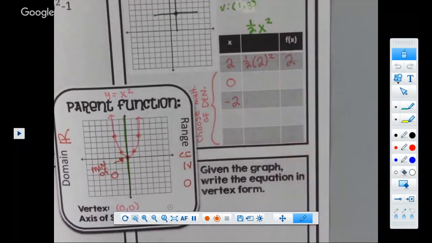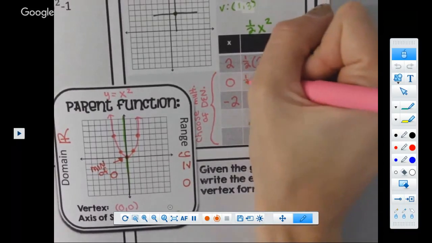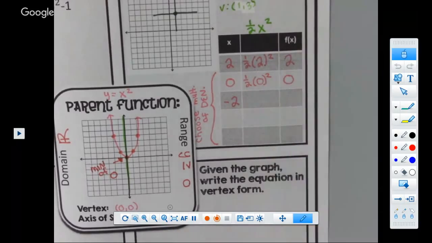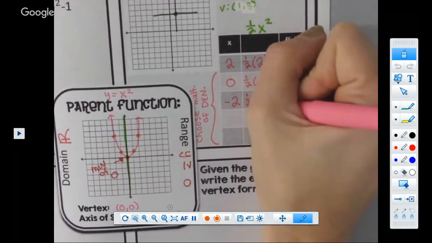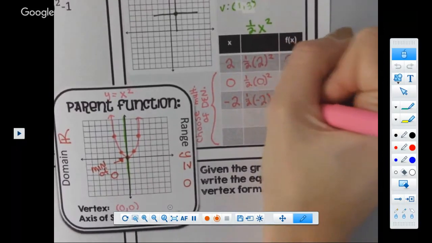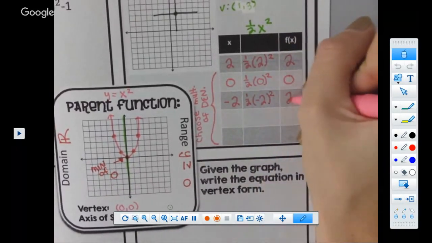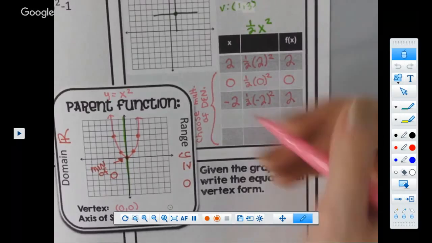So I get a 2. And then I'm going to plug in 0. 1/2 of 0 squared is 0. And 1/2 of -2 squared is again 1/2 of 4, which is just 2. And we're going to take these and we're going to plot them.